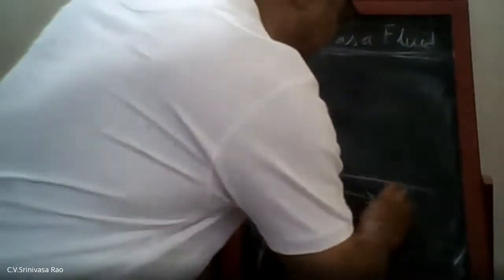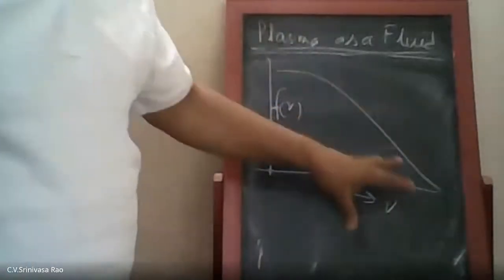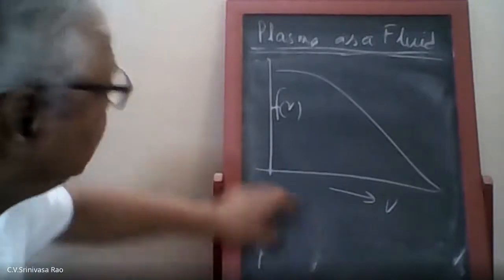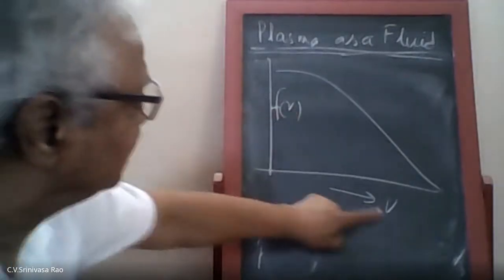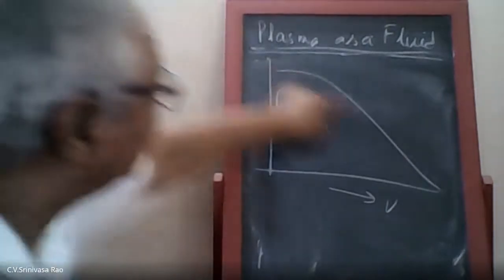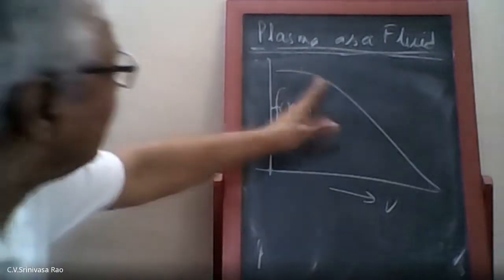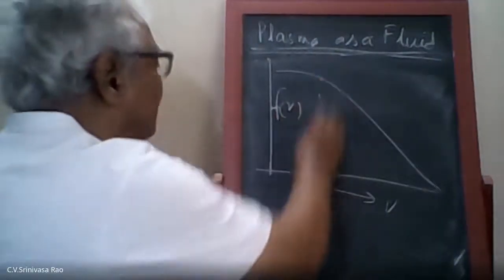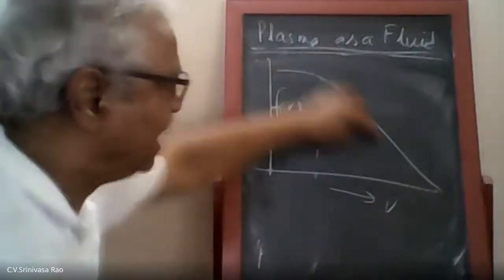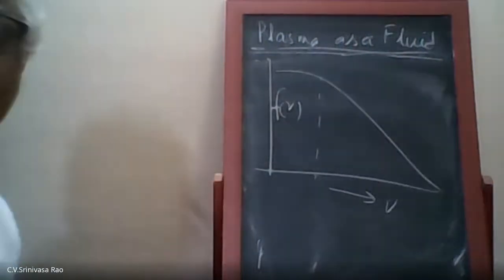The distribution function describes how the particles are distributed in velocity. Velocity is energy. There are more particles with low velocities, and as you go to higher and higher velocities, the number of particles reduces. So this is the Maxwell-Boltzmann distribution.